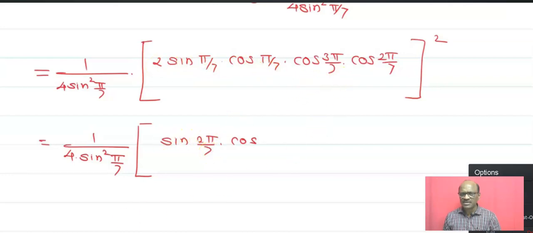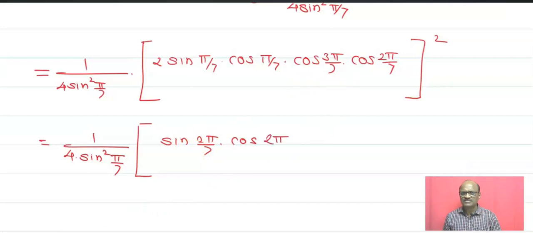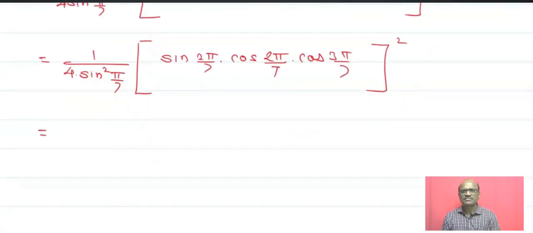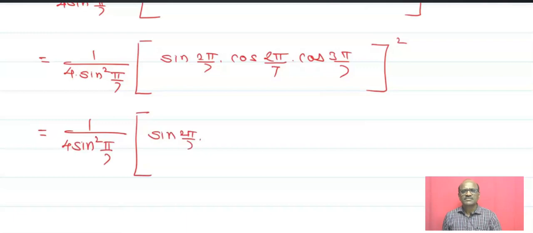And the remaining terms are as it is. See this again here. That is the cos of 2 pi by 7 into cos of 3 pi by 7 bracket square. Again we will adjust here 2, that is 4 sine of 2 pi by 7. These terms are as it is.